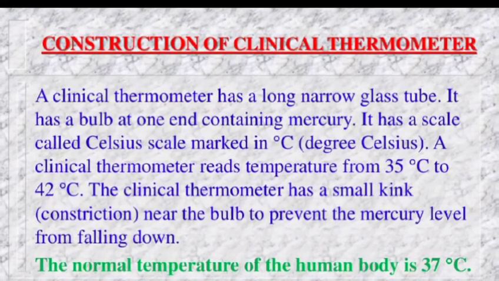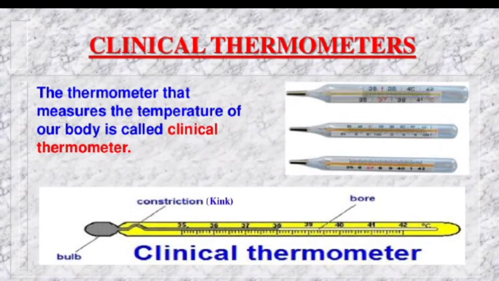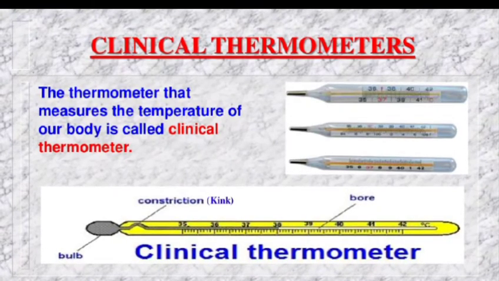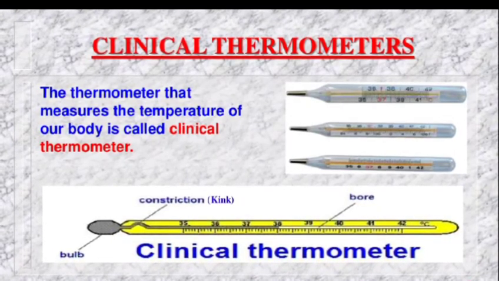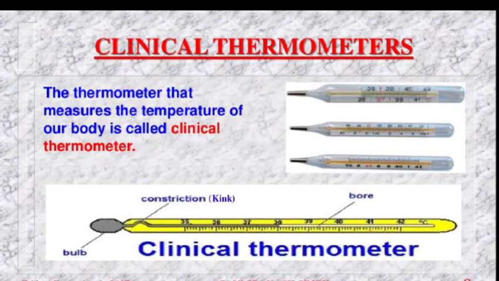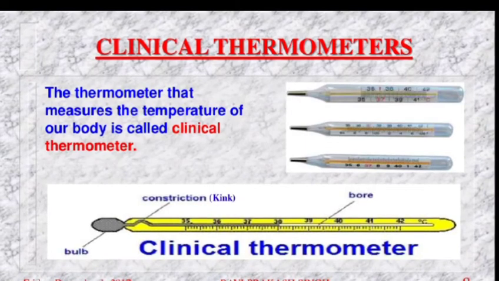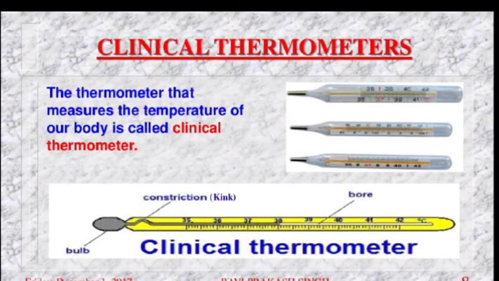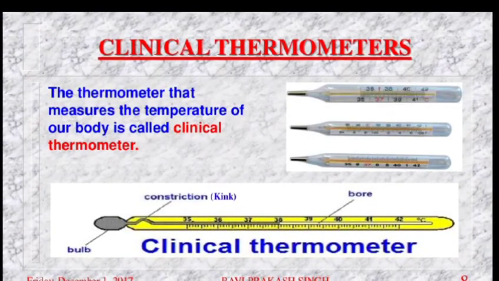Celsius. Now, if you carefully look at a clinical thermometer, you will find that the scale on its stem shows the temperature from 35 degrees Celsius to 42 or sometimes 43 degrees Celsius only. Why?